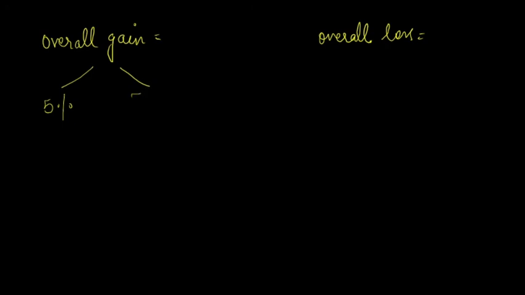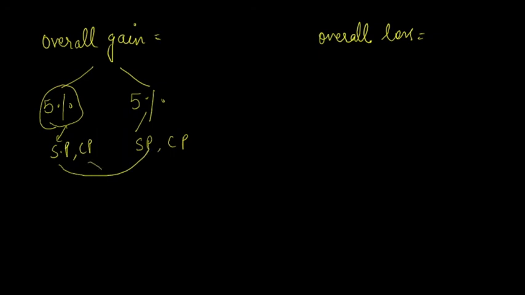In another transaction there is a loss of 5%. So what will be the overall gain? It means you will calculate SP here, you will calculate CP here. Similarly, in this transaction, you need to know both SP and CP. So overall gain will depend on the total SP and total CP.